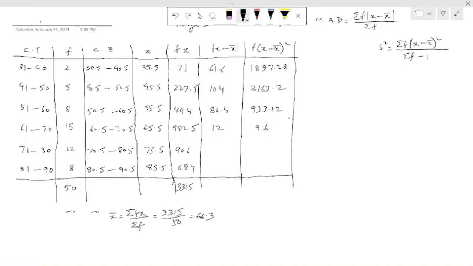And then 75.5 minus 66.3 gives us 9.2 times 12, the associated frequency, gives us 110.4. And then multiply this by 9.2 again, gives us 1015.68.